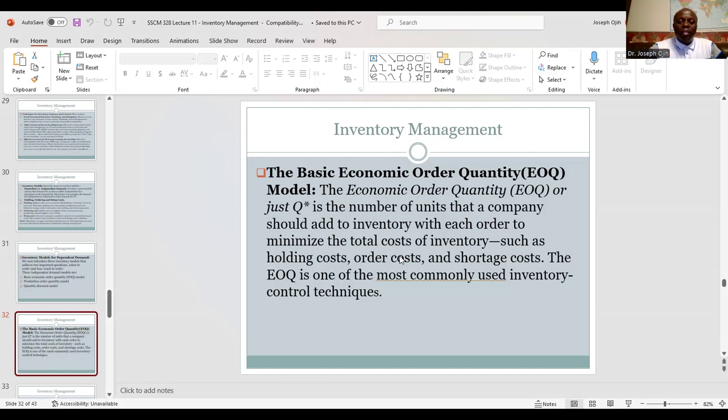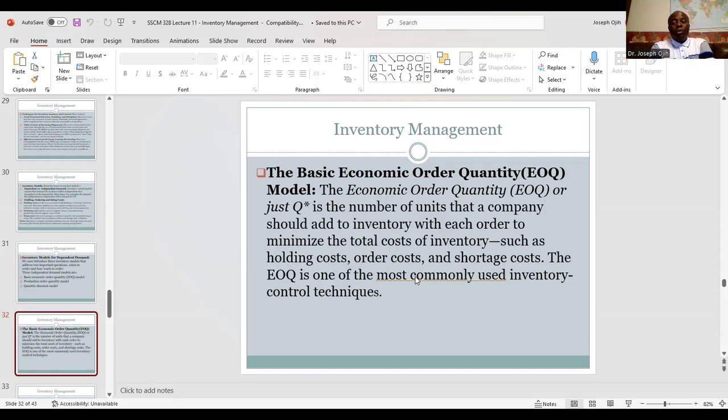Of course, when I say total cost, the costs that factor into the total cost include holding costs, ordering costs, and shortage costs.